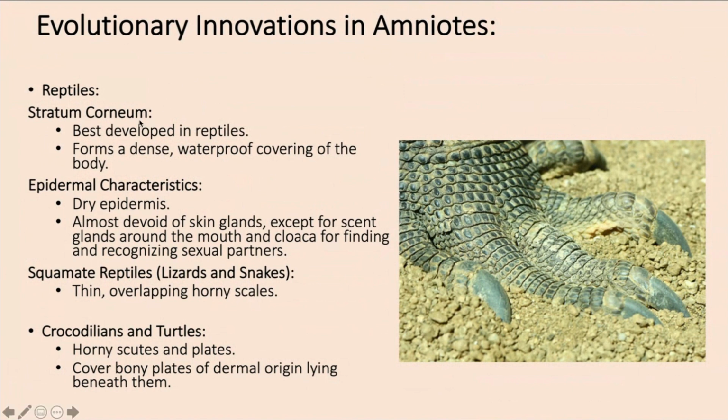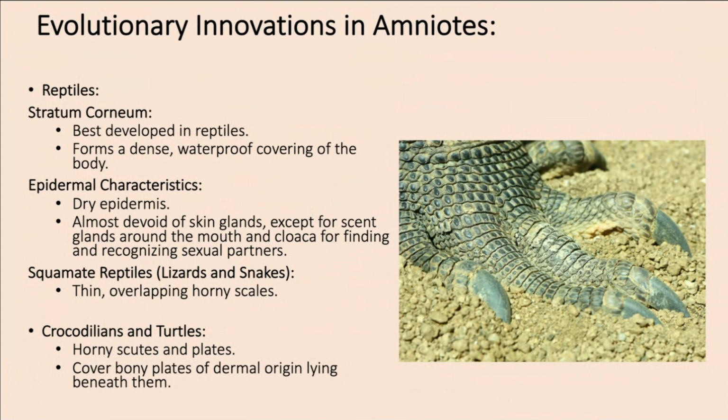And one of those adaptations was the development of the stratum corneum. So they have a dry epidermis. They don't have many skin glands, and if they do, they would have scent glands around their mouth and their cloaca. The cloaca is basically around their anal region, and this is so that they can recognize sexual partners and then mate and partake in reproduction.